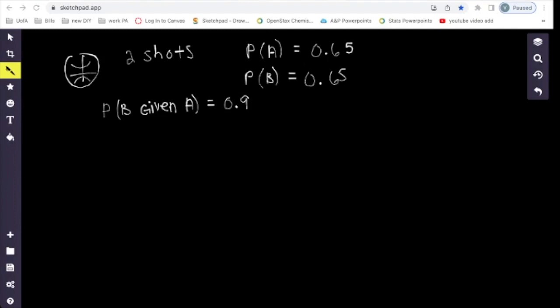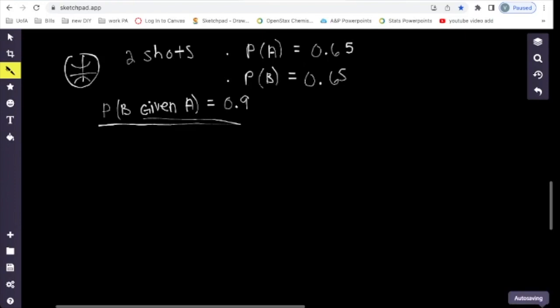All right, first let's ask ourselves, is this mutually exclusive or independent? Well, since our probability is going to change based on what happens for our first attempt, for our second attempt, then the events are not independent.